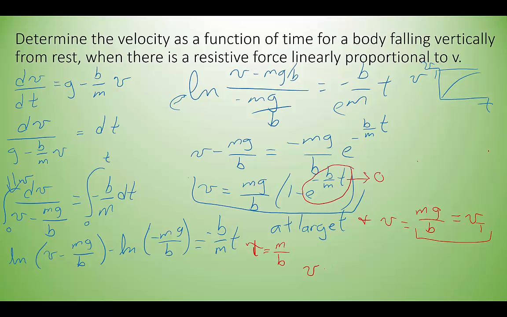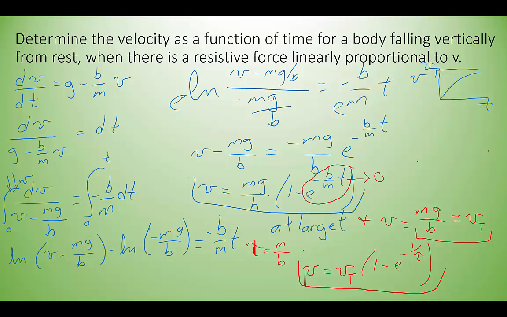And that is that v is equal to v_t times 1 minus e to the negative t over tau. This equation for velocity is typically the equation for velocity as a function of time that we actually deal with.